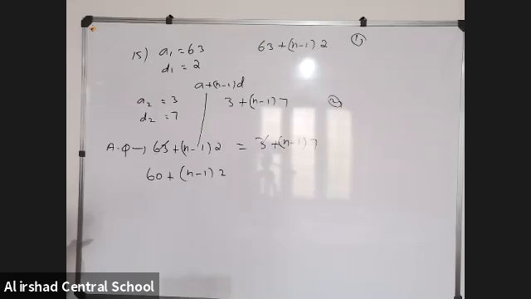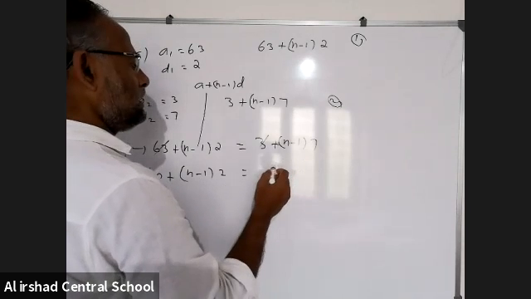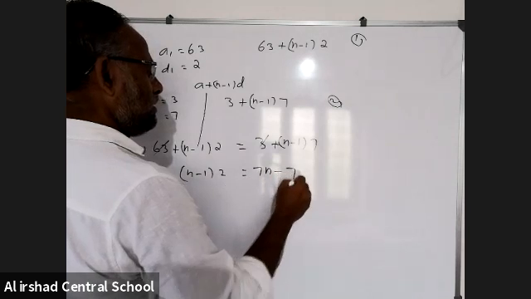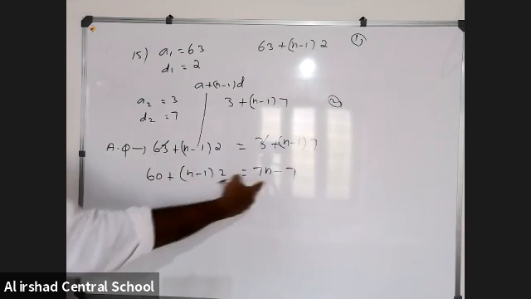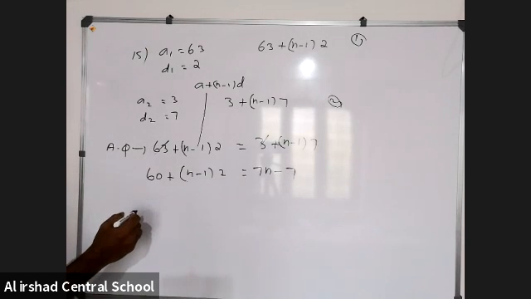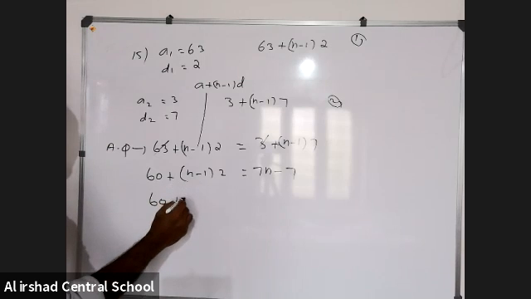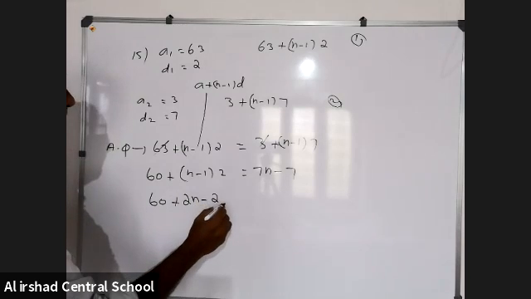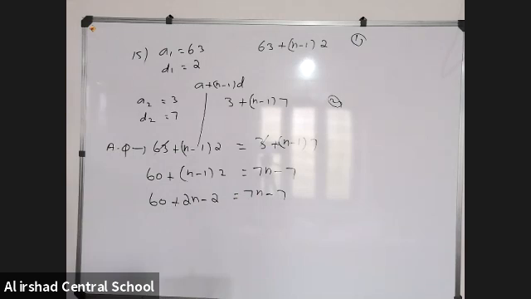Now cancel and subtract. (n minus 1) into 2, that means n minus 1 into 7. Here also we can open the bracket, we cannot divide. So again we can write 60 plus 2n minus 2 is equal to 7n minus 7.